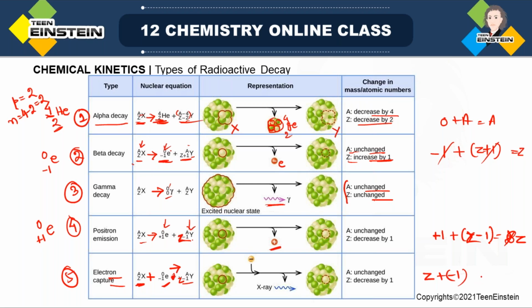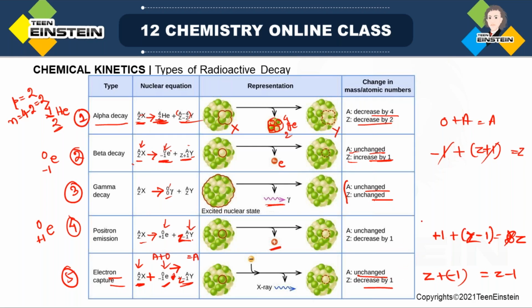So in the right hand side, it should be Z minus 1, and that you can see here. Okay, and mass is A and 0. If we add A and 0, you will get A. So here mass is unchanged, but Z is decreased by 1. That is after electron capture, it is decreased by 1.